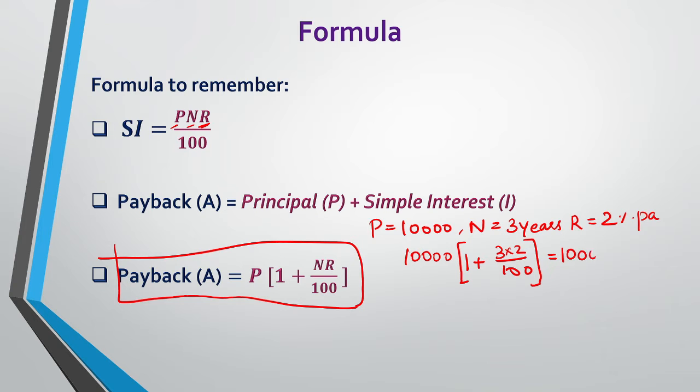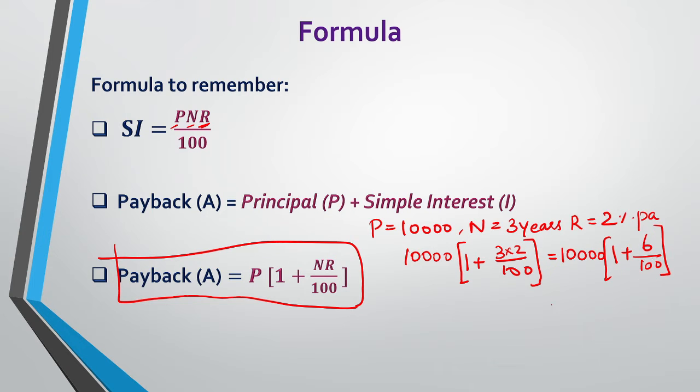So again we're going to write 10,000 multiplied by 1 plus 3 into 2 is equal to 6 divided by 100. Again now we're going to use the fraction addition rule. So we know that when we are adding two terms, they have to have the same denominator.